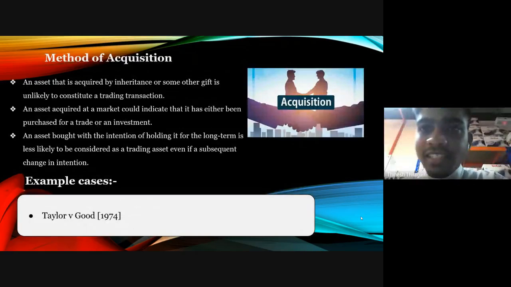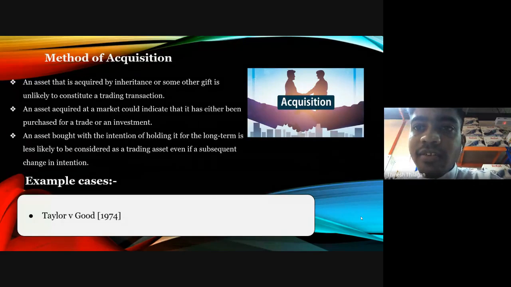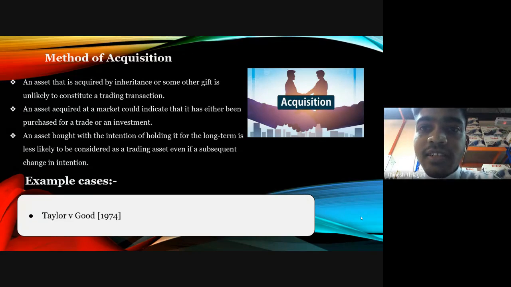So this is the last page of trade, method of acquisition. This means that an asset acquired by inheritance or some other gift is unlikely to constitute a trading transaction, while an asset acquired in the market could indicate that it has been purchased for either a trade or an investment.